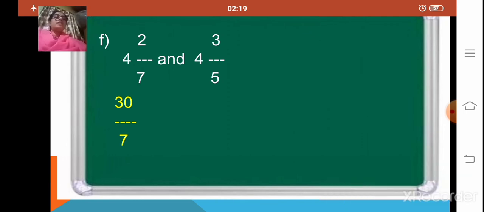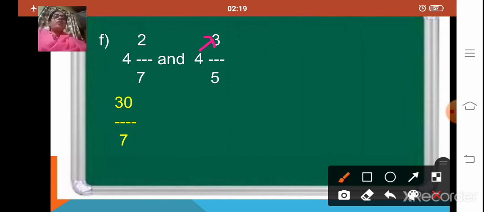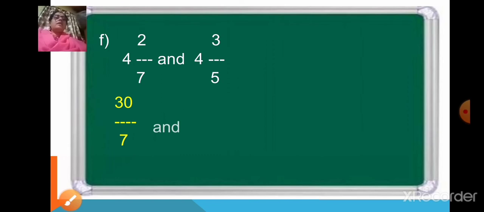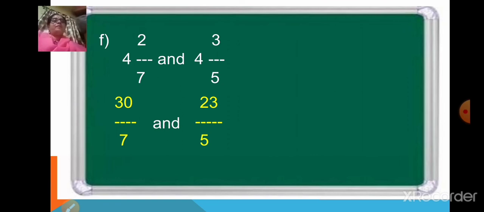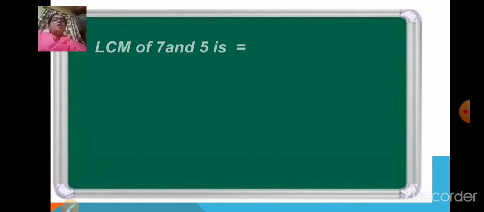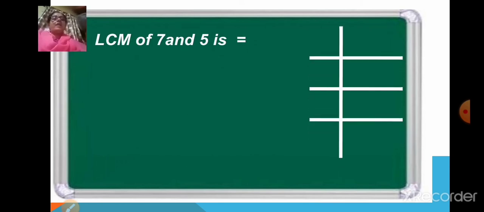Okay, now the same way, the second mixed fraction, you will multiply 4 5s are 20. 20 plus 3 is 23 upon 5. So your second improper fraction is 23 upon 5. Now you have got unlike fractions, where the first step you will do is you will take the LCM of 7 and 5. So first you will take the LCM of 7 and 5.